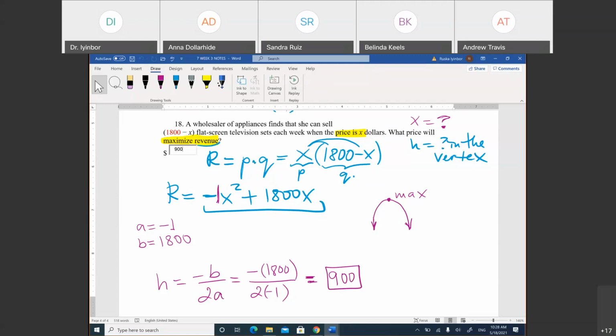So let's say I'm producing cell phones and selling them. Each cell phone is $100, and if I sell 5 of those, what's going to be the revenue? 100 times 5, right? That's the price you're selling at, multiplied by the quantity, how many you're selling. Make sense? That's the revenue.